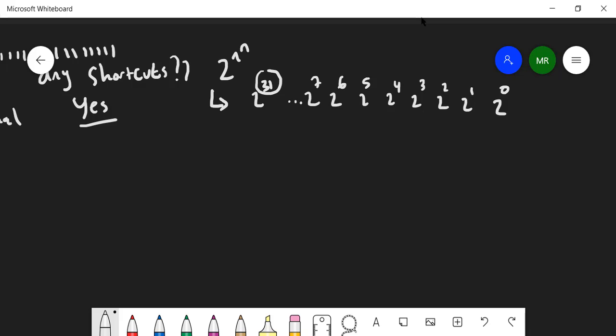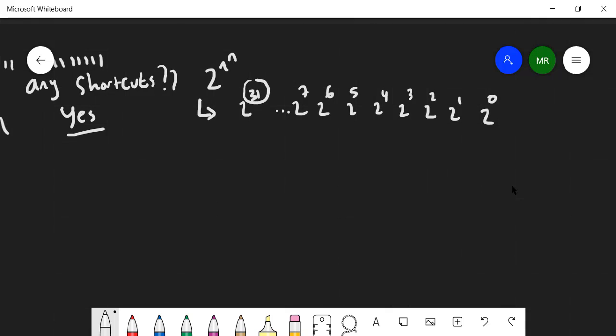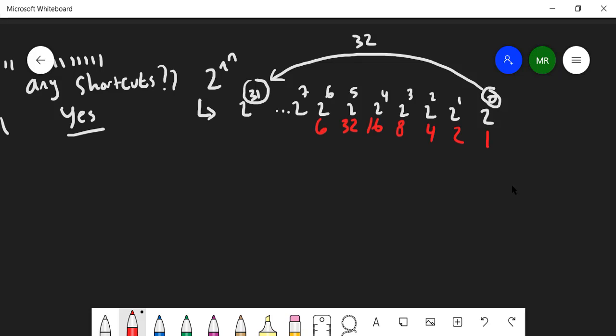Because we start at 0, not at 1, that's why we stop at the power of 31. Now, let's start counting them from 2 to the power of 0 to 2 to the power of 31.